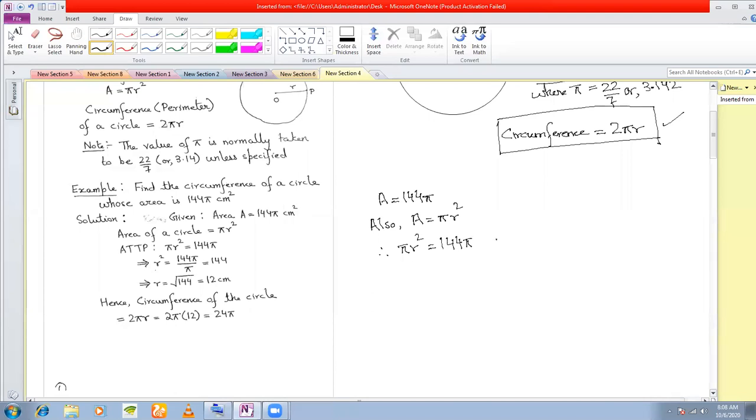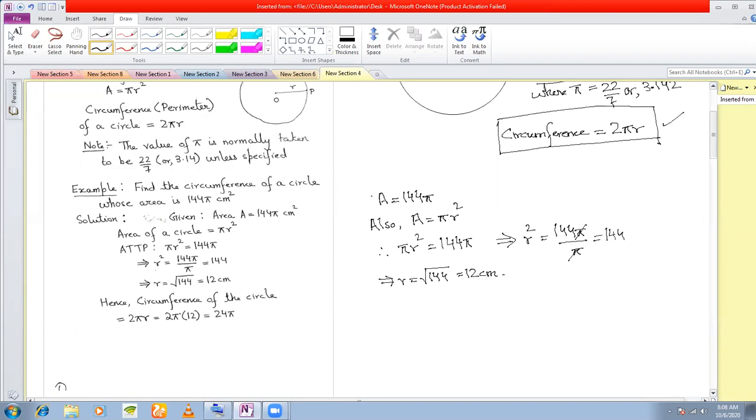From this we can calculate the value of r as 144 pi by pi. Here pi and pi cancel, so you simply get 144. So therefore r is the positive square root of 144, which is 12 centimeter.